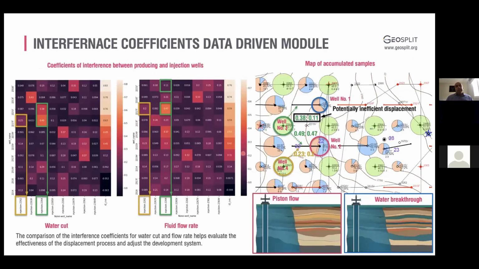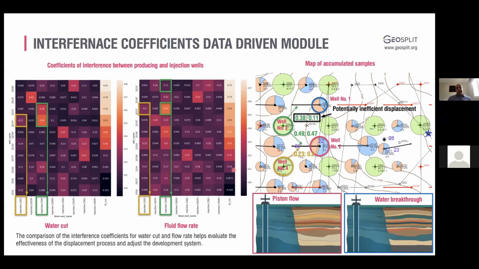This is just another module that we looked at, which shows the coefficient of interference between injectors and producers when we look at the water cut and the fluid flow rate. If you look at the map, looking at just the two producers, in this case the blue circle and the red circle, wells number 1 and 2, and their interference with surrounding injectors, we're primarily looking at injector well number 3 and injector well number 4.